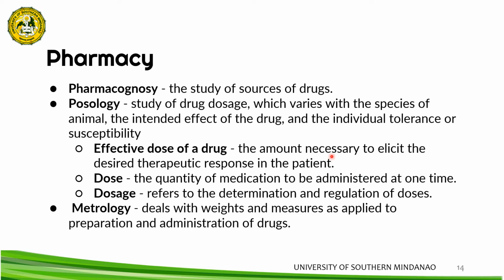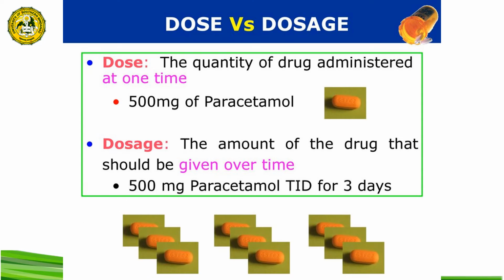So for example, in dogs and cats, the typical dose of amoxicillin ranges from 5 to 12 milligrams. So the 5 to 12 milligram is considered to be the dose of amoxicillin for dogs and cats. So again, the dose of the drug is the quantity of the drug that is administered at one time.